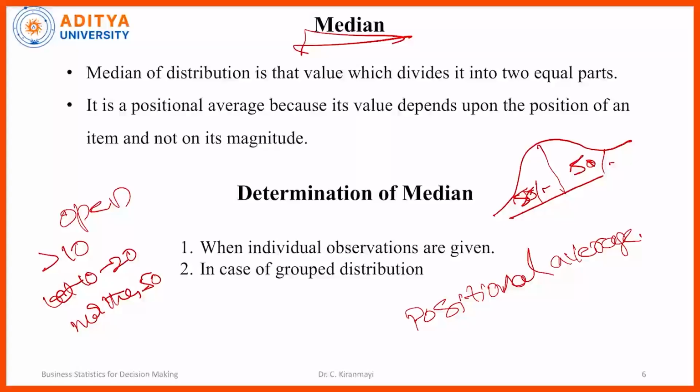In such a case, more than 50 means any value which is more than 50 we can consider, so exactly the upper limit we cannot estimate. And in case of less than 10 also, we cannot exactly estimate the lower limit.